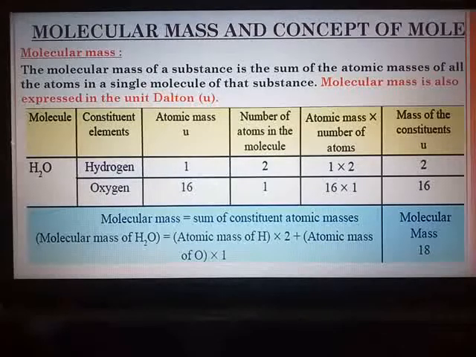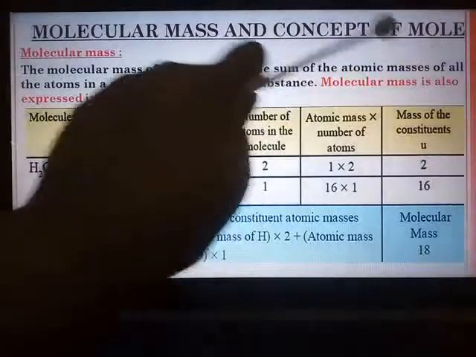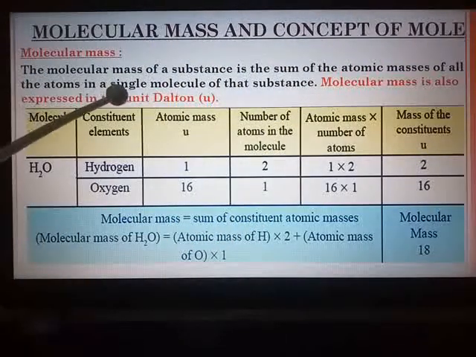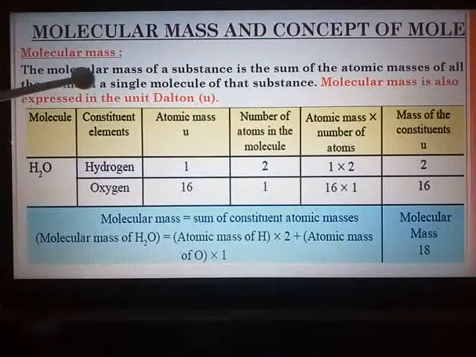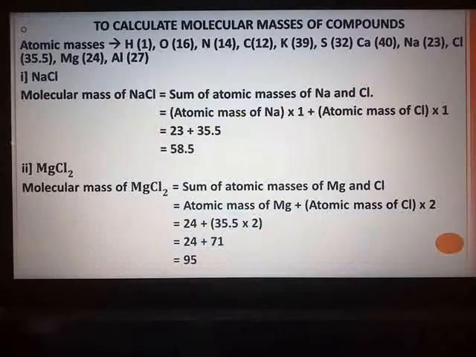So molecular mass is the sum of the atomic masses of all the atoms in a single molecule of that substance, and as it is the sum of the atomic masses, the unit of molecular mass is also the same as that of atomic mass, that is Dalton. Then we had seen different examples where molecular masses of different compounds were found out. At a glance we will just revise the first two and then we will move ahead.